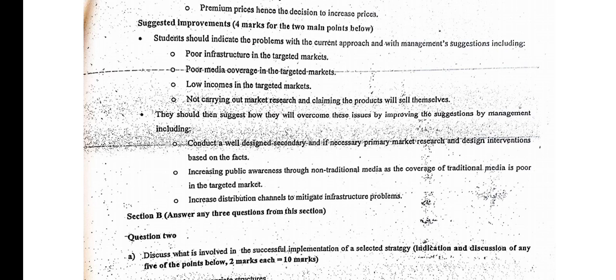Then you give the solutions for that. Conduct a well-designed secondary and, if necessary, primary market research, increase public awareness, increase distribution channels to mitigate infrastructure problems. So you're supposed to set the problem and then the solution.